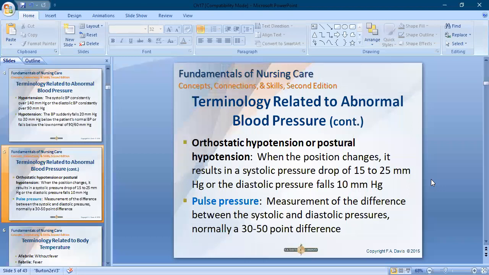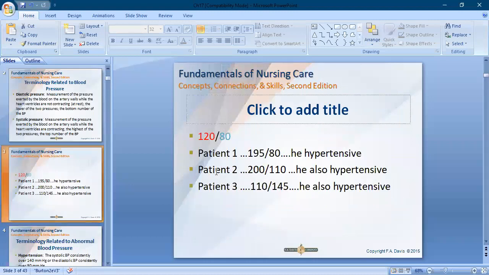This is called pulse pressure. As an example, the patient's systole is 195 and diastole is 80. What is the difference between these two, systole and diastole? This is pulse pressure.